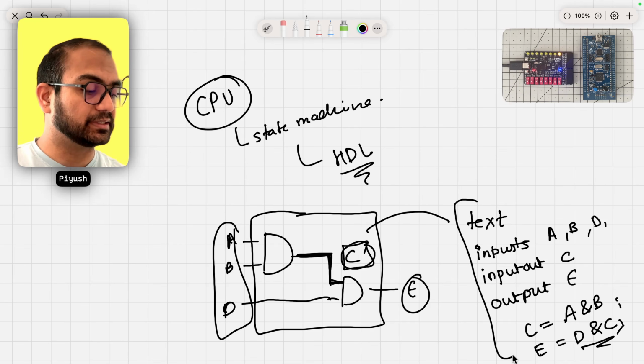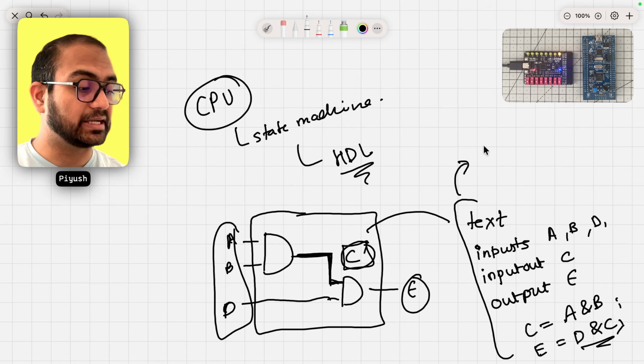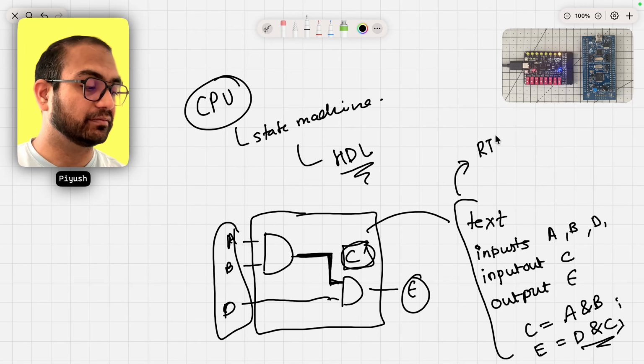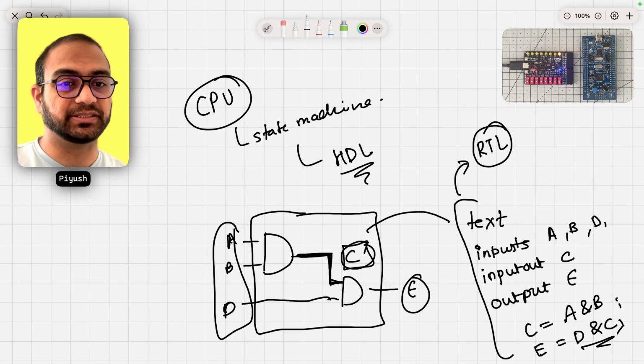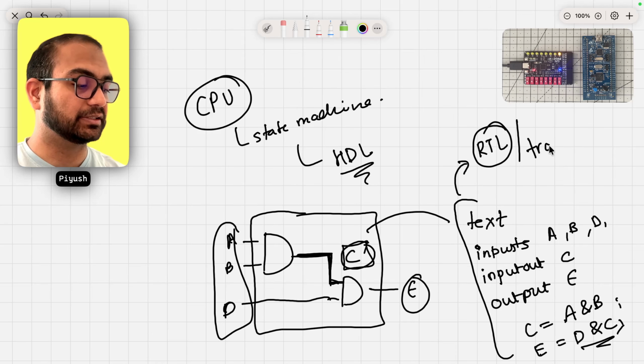Now what happens is there are tools which read this text and convert it into something called RTL, register transfer logic, or you can think of it as transistor level connections.